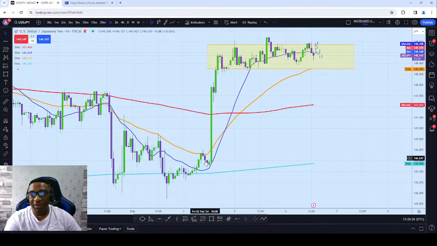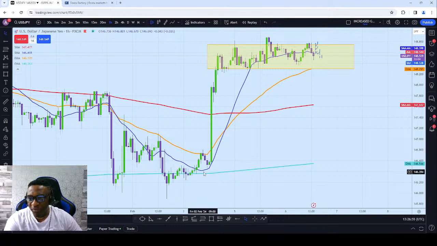So if we even consider what happened here, if we did the test here, it would have easily passed, and then we would have gotten into this trade as price took out this last purple candle. Would have gotten into it somewhere here, or even here would have been better.